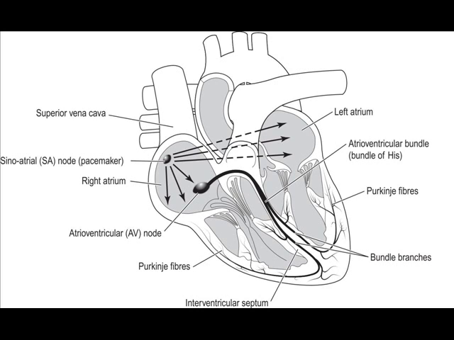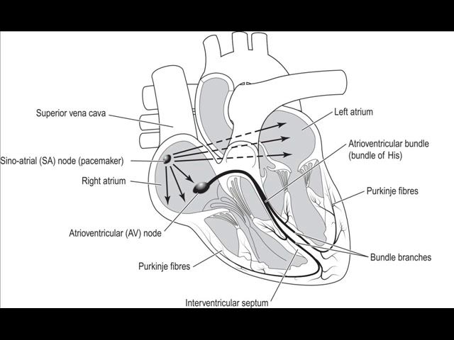In health, depolarization starts in the top right of the heart. That's the patient's right. You can see that on the diagram there, in the sinoatrial or SA node. And that's the pacemaker of the heart because it depolarizes the most frequently. See the arrows spreading out from the SA node? That's because the electrical impulse spreads through both atria, preceding their contraction.